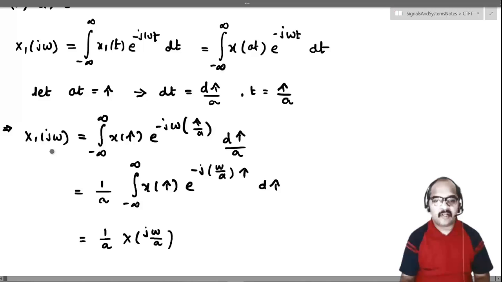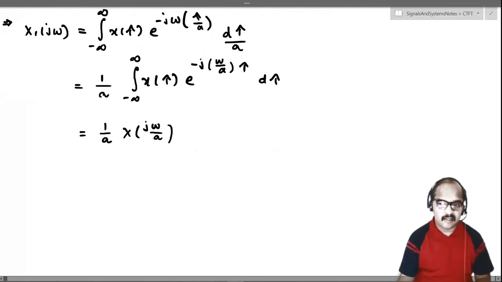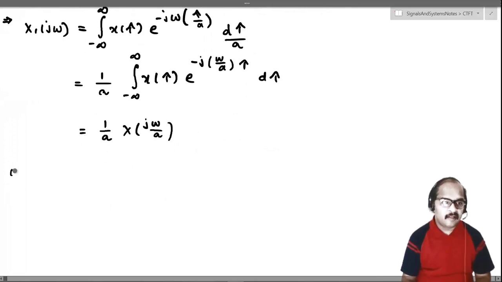So what did we get? We got that the Fourier transform of x1 of t, which is nothing but x of at, is 1 by a multiplied with x of j omega by a. So we derived this result when a is greater than 0. Now we'll take the case of what happens if a is less than 0.